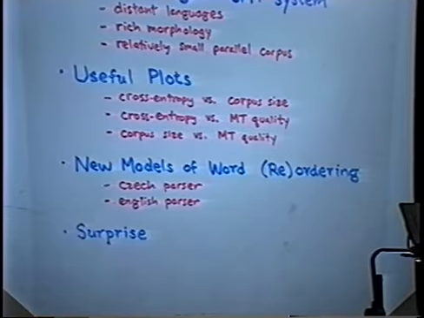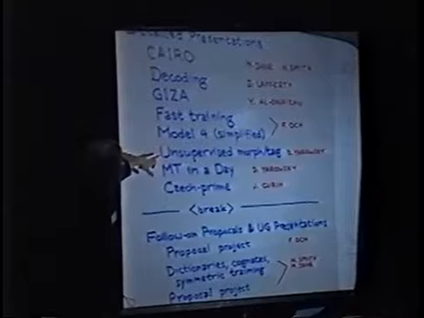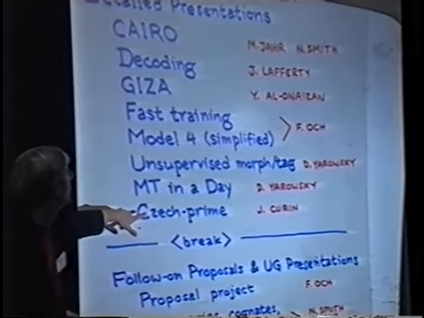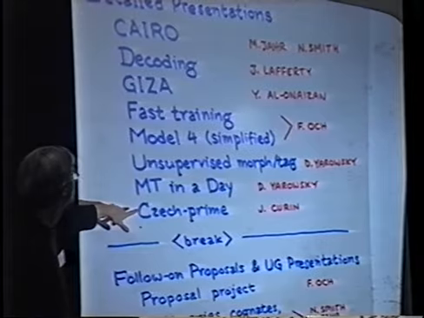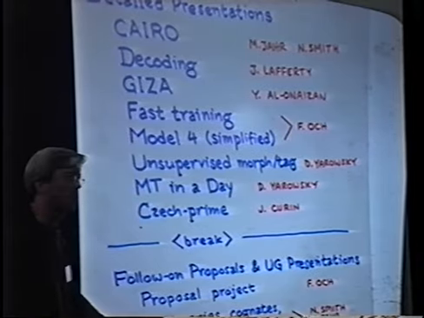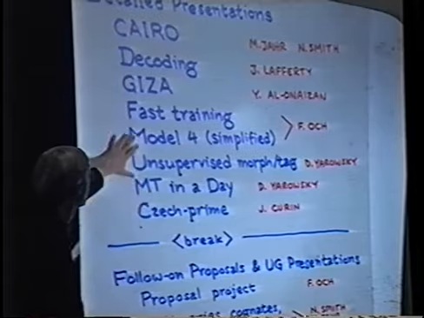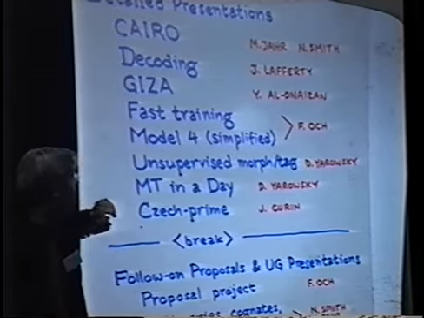So the faster training was actually critical in support of all these other things, like being able to do MT in a day, being able to do these Czech experiments repeatedly and to do this kind of testing, and to do some of the dictionary and cognate work that Mike and Noah will talk about later. And so we could do all these experiments very quickly, and so we were actually able to do more on this point than we thought we'd be able to. And the surprise, I think, worked out pretty good.